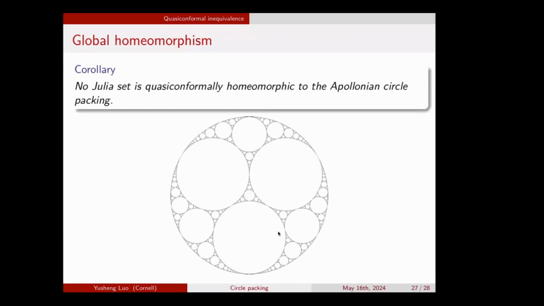Right. So in particular, our theorem applies for the setup of an Apollonian circle packing, and as a corollary of our result, we prove that there's no Julia set that is quasi-conformally homeomorphic to the Apollonian circle packing. But the question whether we can prove that for any Apollonian circle packing remains open.